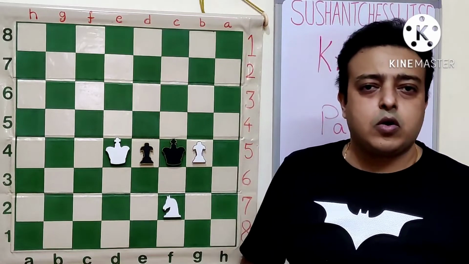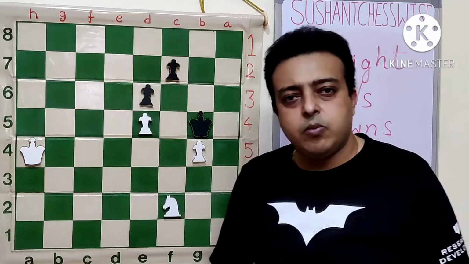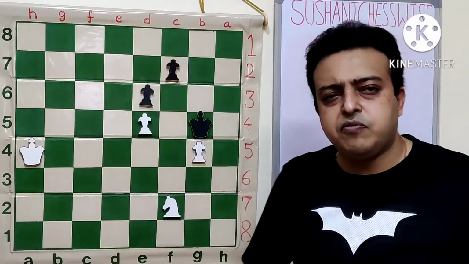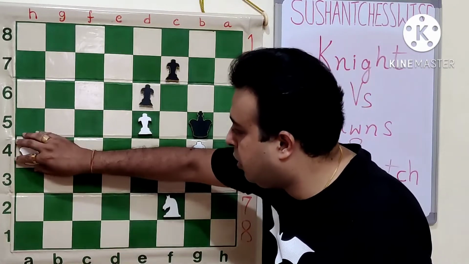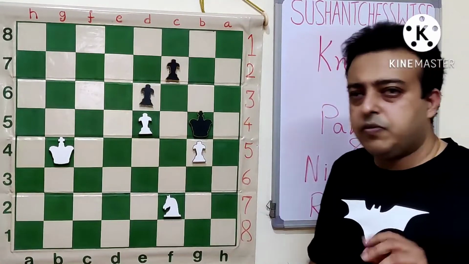Now let's see what could have been the best course for white to convert the game. The idea is to stop f6, but the right move was to improve the king position first. So the move Kb4, Kb5 or Kb3, all the three serve the same purpose.